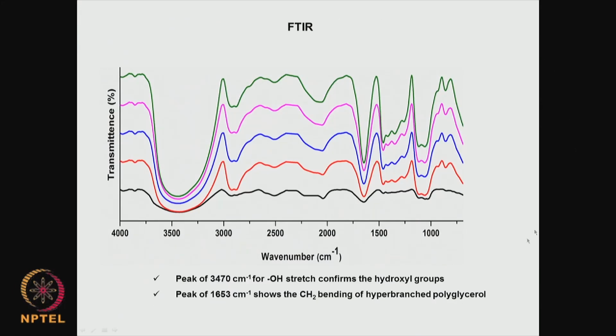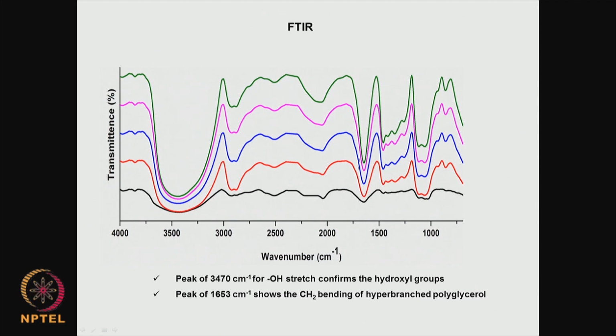This is a typical FTIR I am showing here of some hyperbranched polyglycerol. As you can see, there is a lot of OH, because glycerol contains a lot of OH. And 1653 here is the CH2 bending of the hyperbranched polymer.